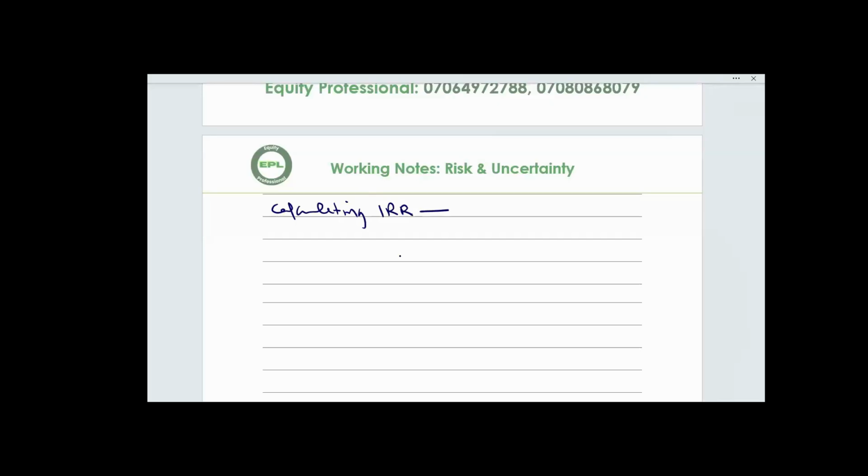All right, we have calculated NPV before using a 17% discount rate. We got 232 positive. So let's try 20%. If 20% is negative, then we assume 17% as the second discount rate. So let's use this 20% to calculate NPV.